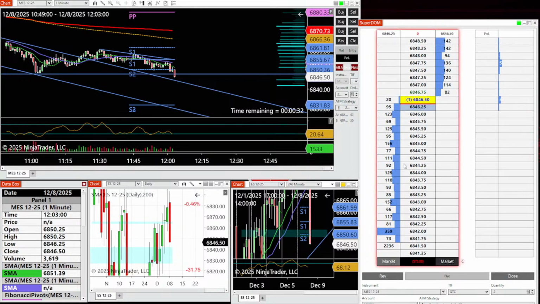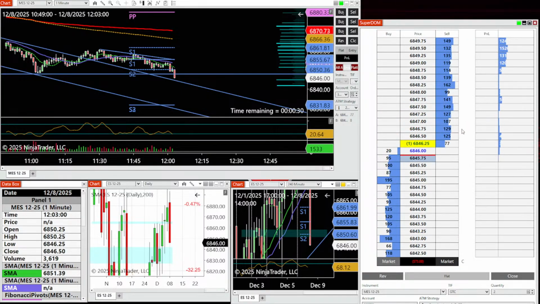Okay, it broke 48. Bounce 45. Bounce 46. Will it bounce back up to 48? 45.